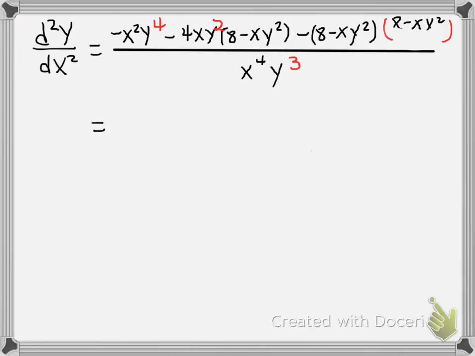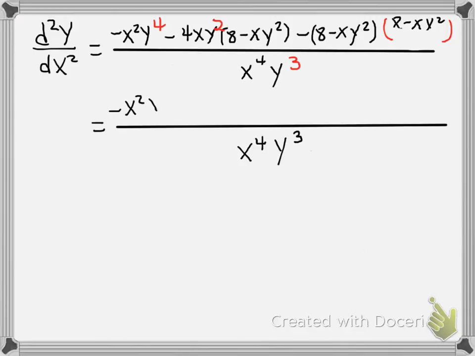Now we continue simplifying. Bottom we have x to the 4th power y cubed. Numerator we get minus x squared y to the 4th power minus 4x y squared times 8 is 32 x y squared plus 4 x squared y to the 4th power.